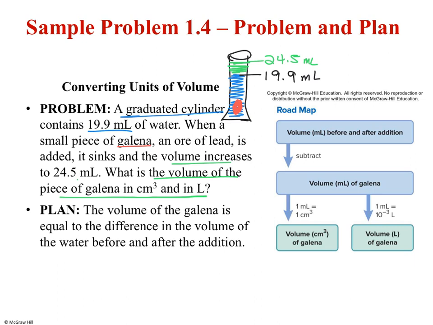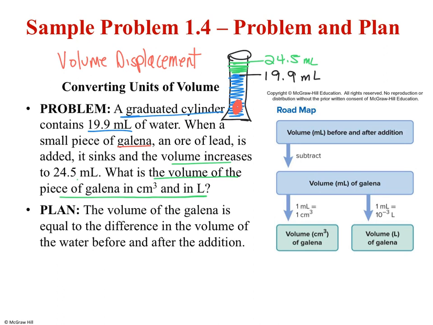Okay, so when you want to know the volume of this red piece of ore, this is actually called volume displacement. It is a technique done in the laboratory to calculate the volume of the metal by water displacement.